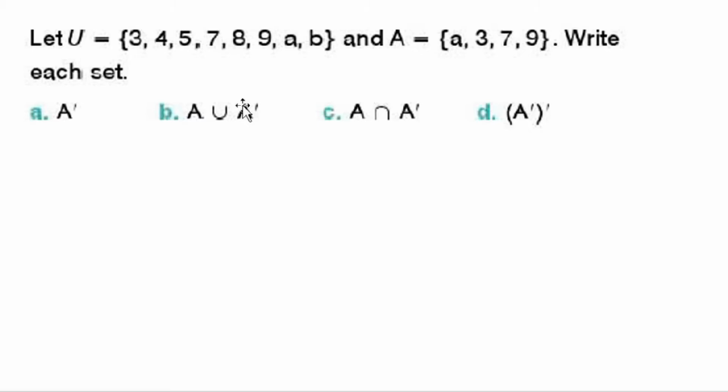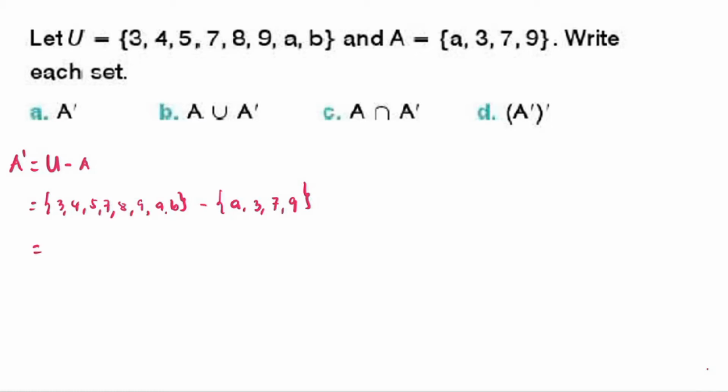For letter A, we have A complement, or the complement of A, is equal to universal set minus A. So we have the universal set 3, 4, 5, 7, 8, 9, A, B minus the set A whose elements are A, 3, 7, 9. So we are going to subtract A, 3, 7, 9 from the universal set.